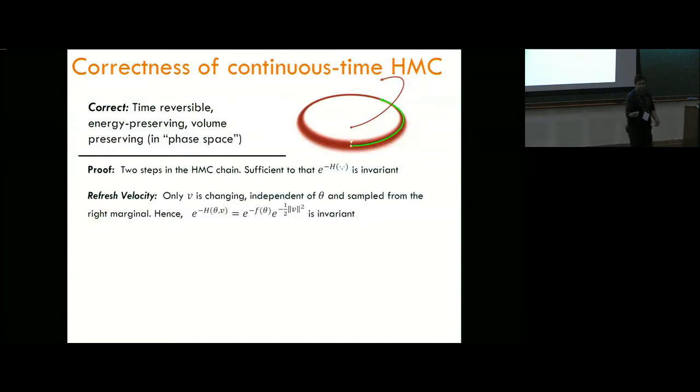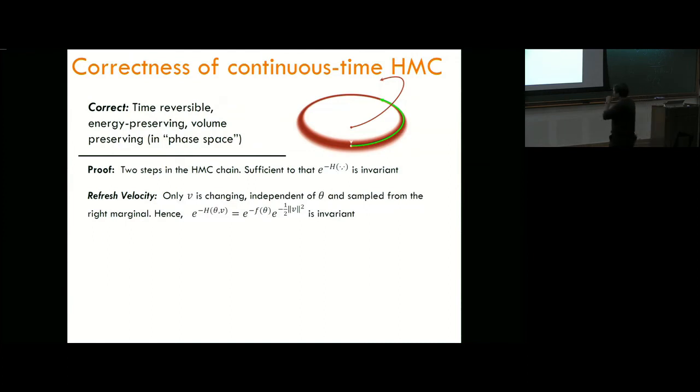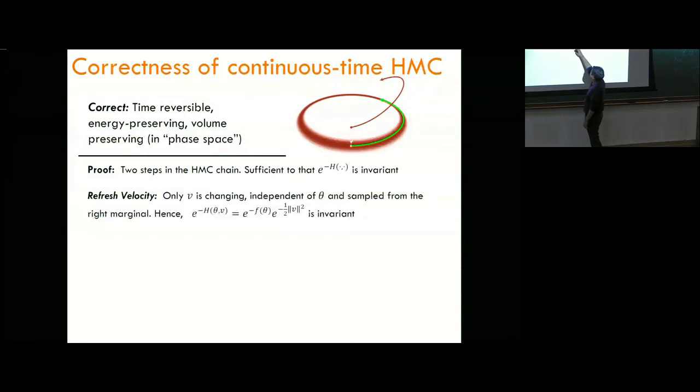So I'm just changing the velocity with a random vector drawn from the normal distribution. Yes, the velocity changes, but overall the distribution is still the same. The reason why we chose the normal distribution is because of the choice of the Hamiltonian. If you chose something different, you would have to do something different.